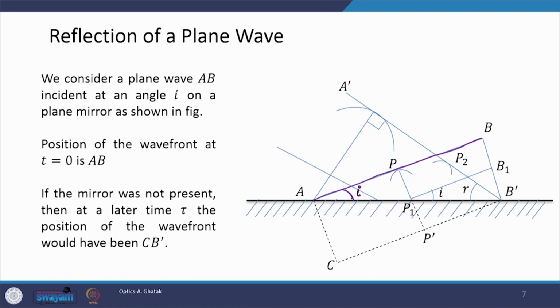This dark horizontal line is a mirror. Had there been no mirror, this wavefront AB would have propagated further and reached position CB prime, which would have been the new position of the wavefront after a certain interval, but due to the presence of this mirror, this incident wavefront could not reach CB prime.